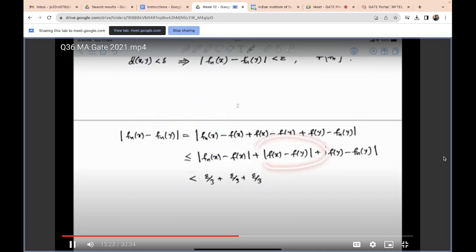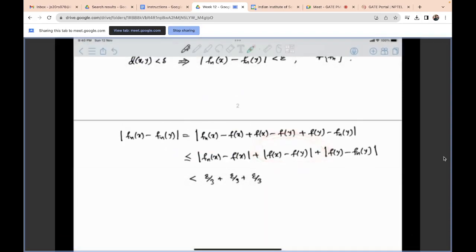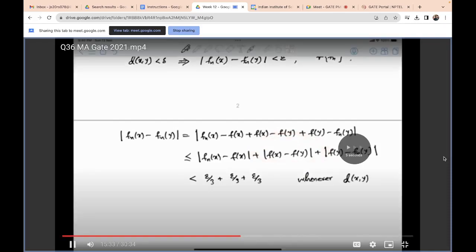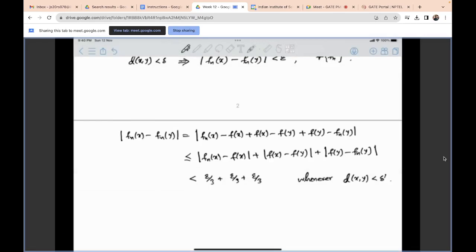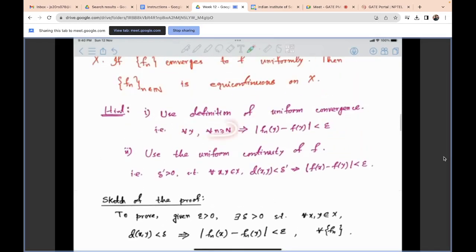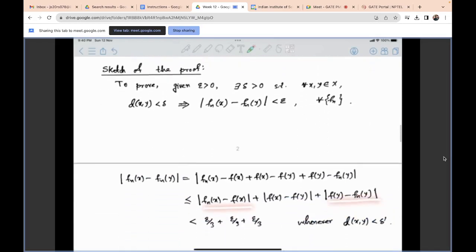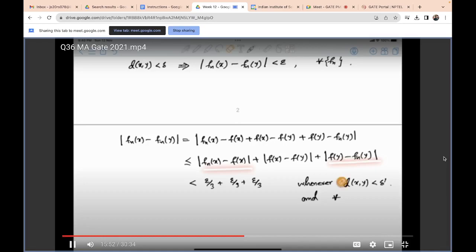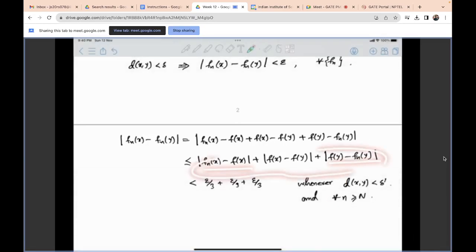So you will get this for all n bigger than some natural number and d(x,y) less than delta.